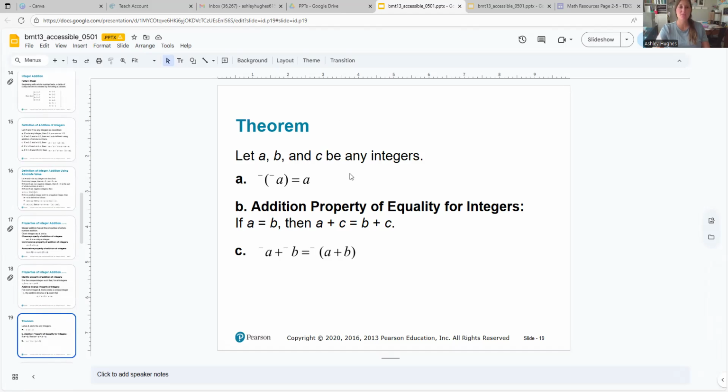So if we're going to apply some of these rules, negative negative A is equal to A. Addition property, negative A plus negative B is equal to negative A plus B. And just to explain what that means with some numbers, like if I have -3 plus -2, they're saying I can think about it as just adding a 3 and a 2, but they're both negative. So the answer is -5.